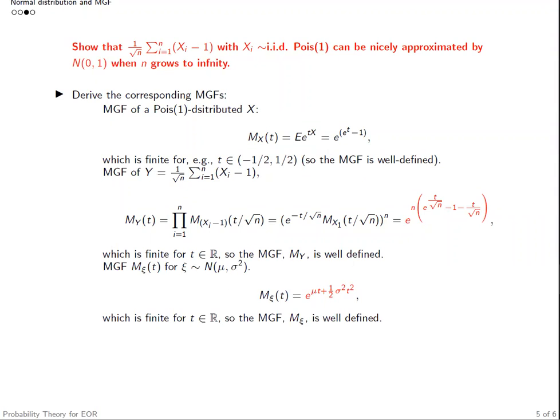But before we do that, let's first take a look at the moment generating function of a normally distributed random variable, which we have already derived in the previous slides. It is in this format: e to the power mu t plus sigma squared t squared over 2. This one is also well defined, as we have discussed.